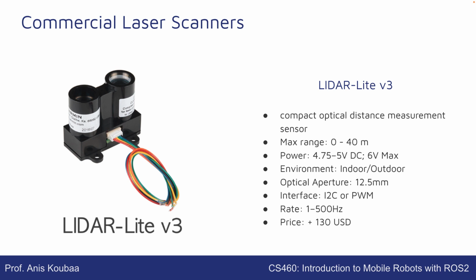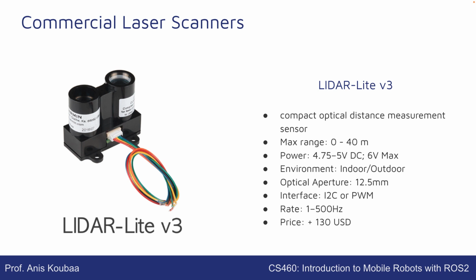We also have some other type of laser scanner, which is called the LiDAR Lite version 3, which only gives one beam in one direction. It only has one beam, just in the front direction. And this one can give up to 40 meters, but only one beam in the middle. There is no left and right, okay?